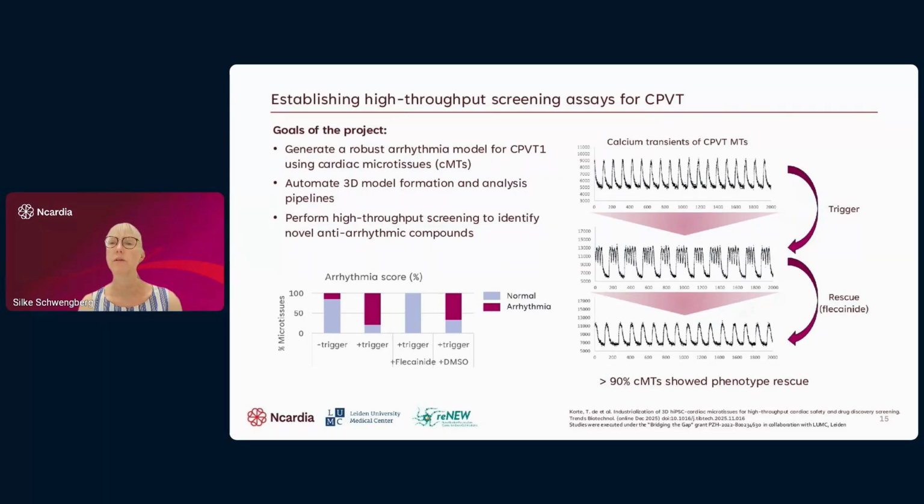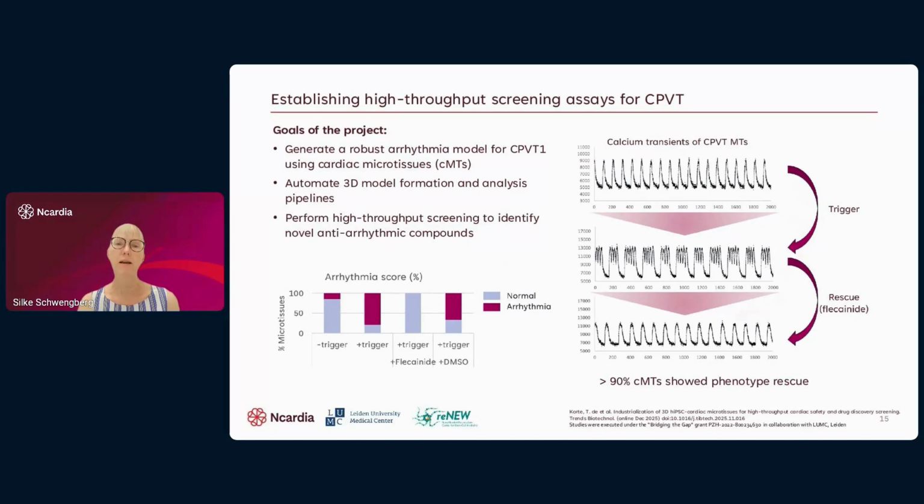And then when you add a certain trigger that is mimicking the stress situation in the patient, you can see a very pronounced arrhythmic signal of the microtissues. And then when you add the drug flecainide, which is also used in patients to rescue the arrhythmias, you can see that the calcium transient signal is going back to a normal signal.